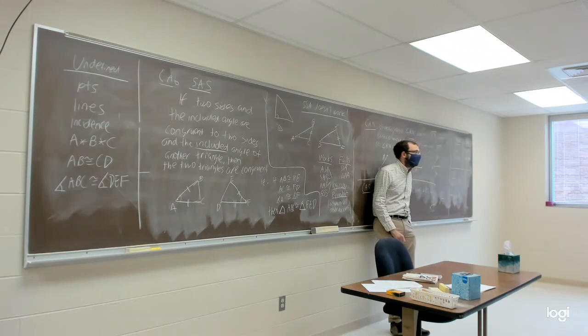So Dr. Gerstle, why do you think Hilbert chose side angle side as an axiom rather than any of these other 3? If I were a betting man, I would bet because that's kind of what Euclid did.